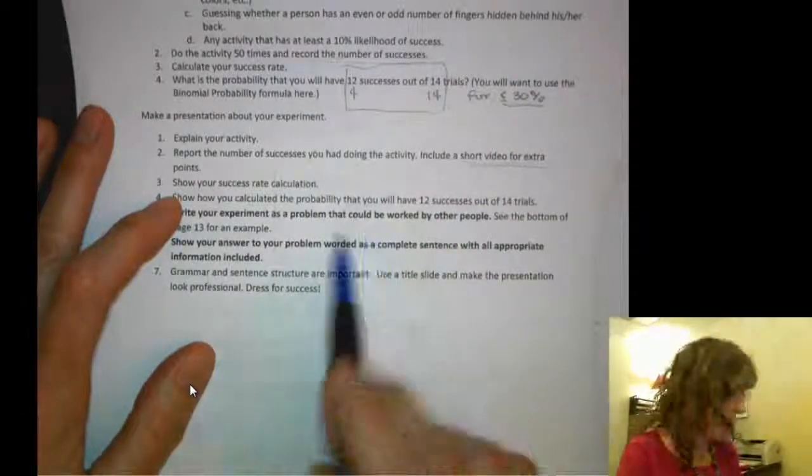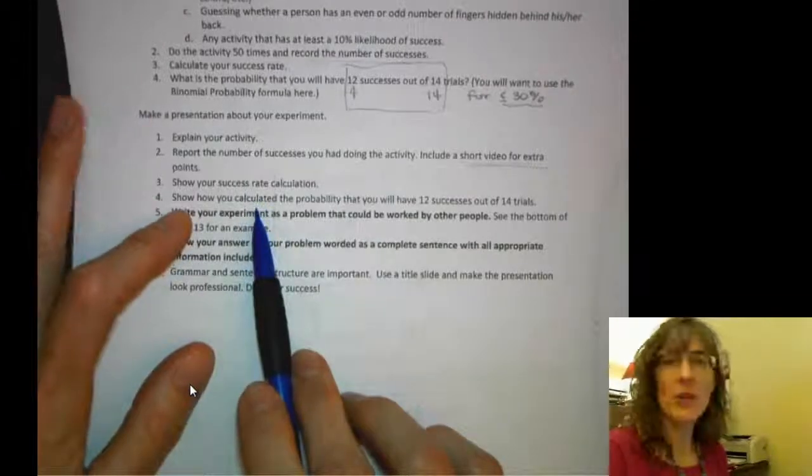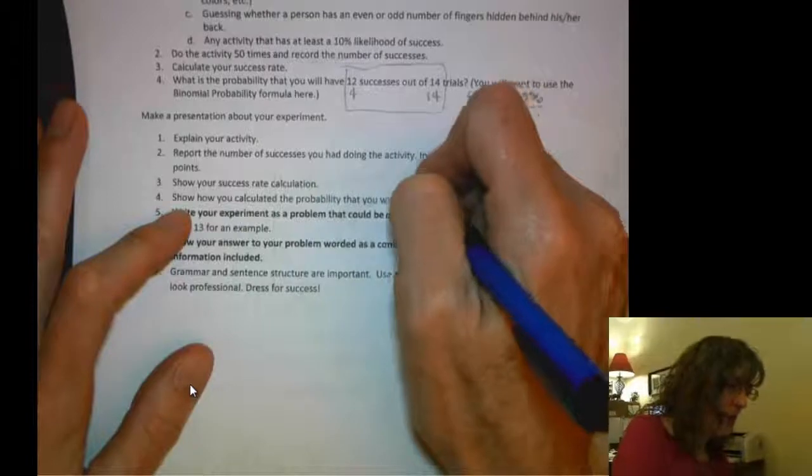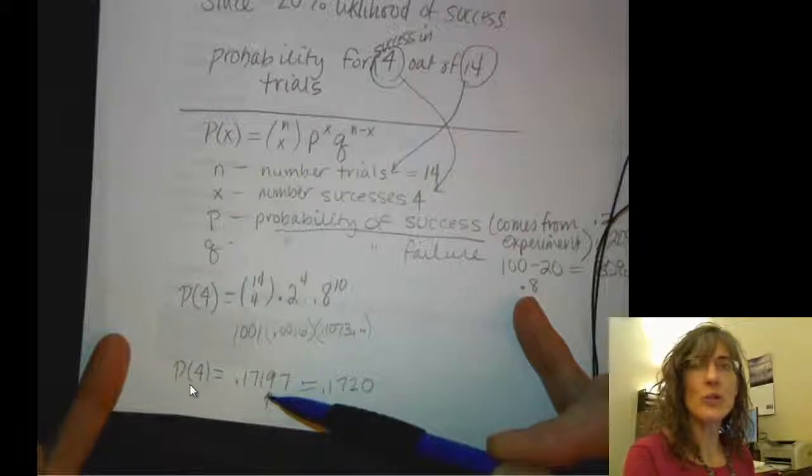Show that. Show how you calculated the probability that you'll have 12, and it could be that you did 4 out of 14. So you're going to show your work. That would be this work right here with your formula and what values you plugged in, all the way down to what your probability of success is.